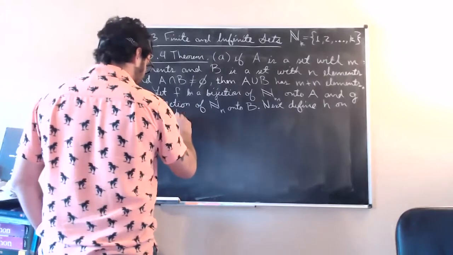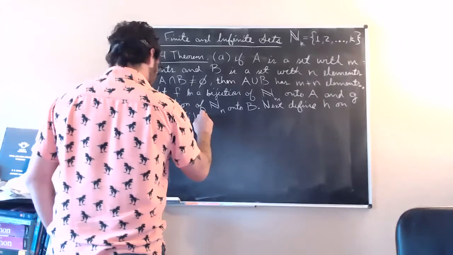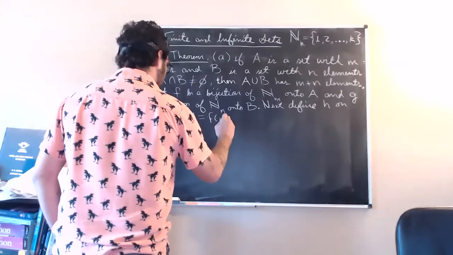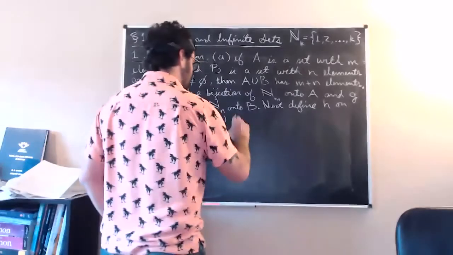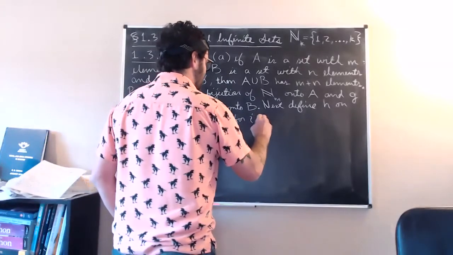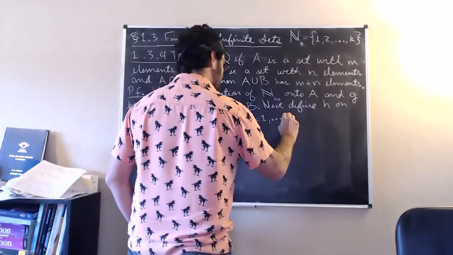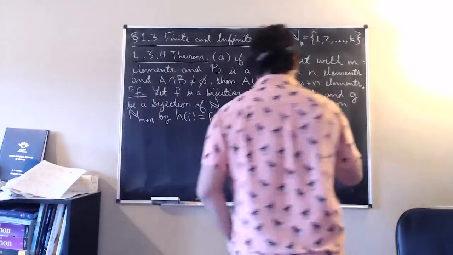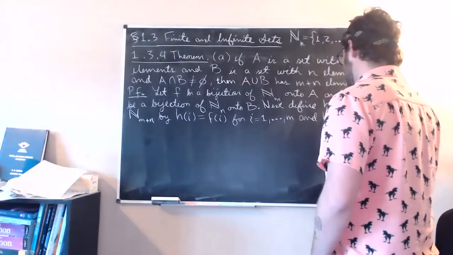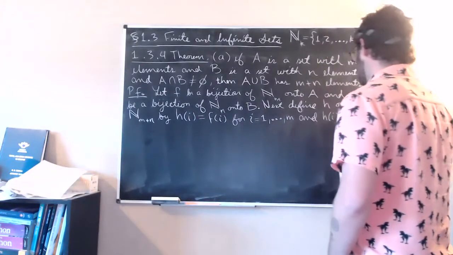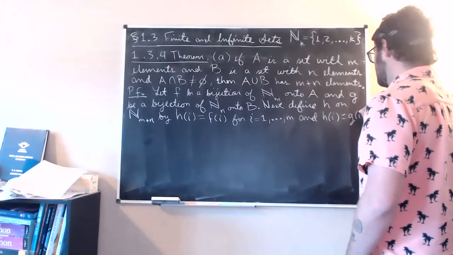So we're going to say that H of I is equal to F at I for I equals 1 up to M. And H of I equals G of I.